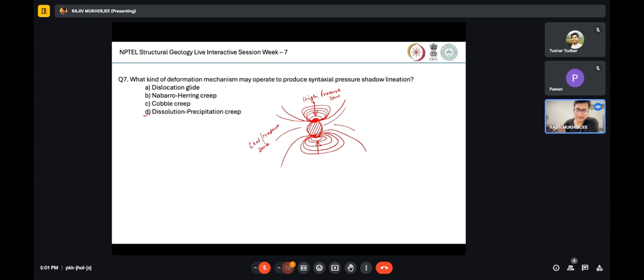They will gain sufficient activation enthalpy and they will become mobile. They will move. And where will they move? So the stress will drive the concentration. So from this point where the concentration is high, they will move towards the low concentration zone.